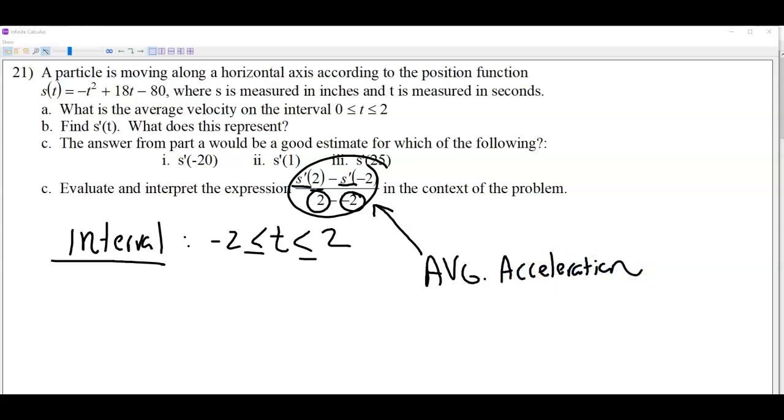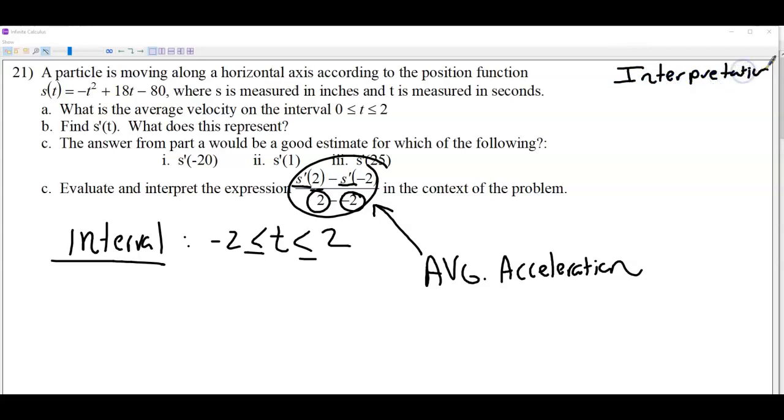So then we want to evaluate and interpret this expression in the context of the problem. So we kind of already have our interpretation of what the answer is going to be, but we don't know what the answer is yet. So I'm going to go ahead and write interpretation up here first.